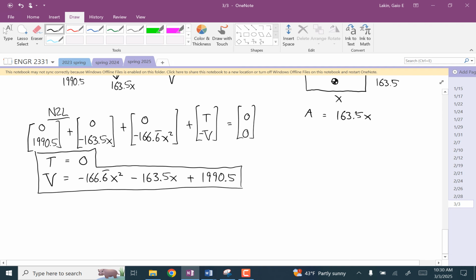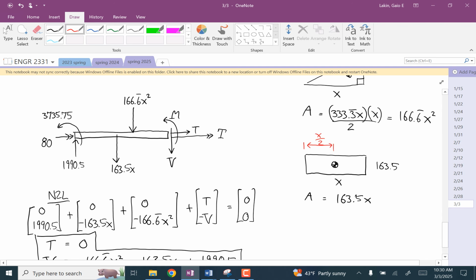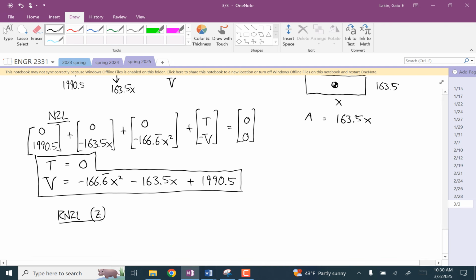Now this is the time-consuming one, rotational Newton's second law about the z-axis. My about point is going to be over here. Okay, so I know I'm going to add on that couple at the wall, so 3735.75.